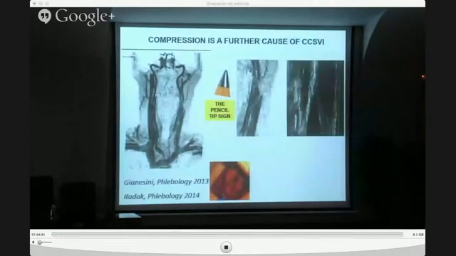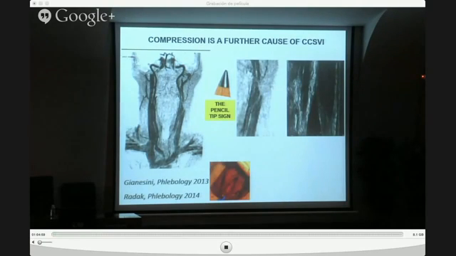Intraluminal obstacles, defective valves, but also compression is a further cause of CCSVI and often is associated with intraluminal defects. One of the most characteristic causes of compression is the omohyoid muscle.